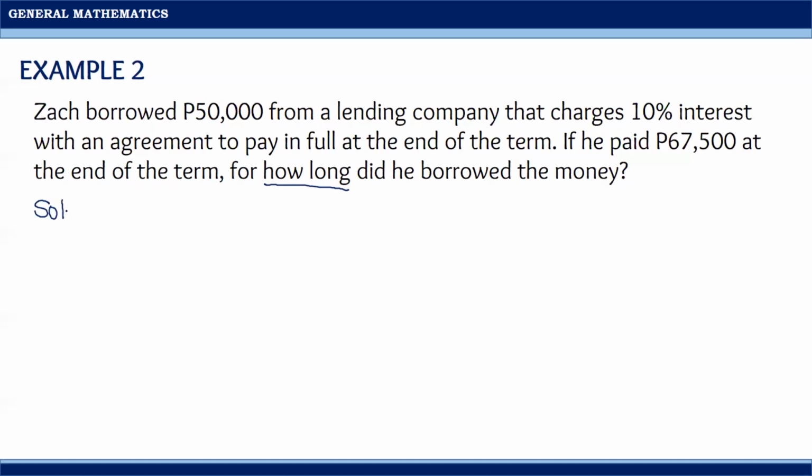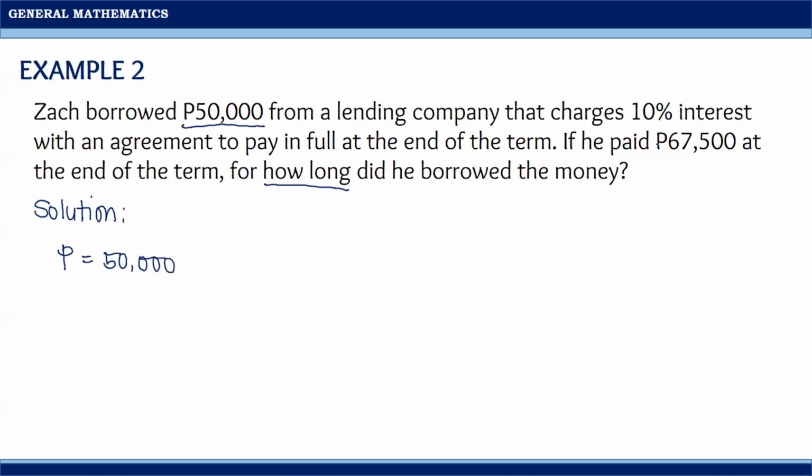For that, what we need to do first is to list down all the given from the problem. Since Zach borrowed 50,000 pesos, the principal P is 50,000.